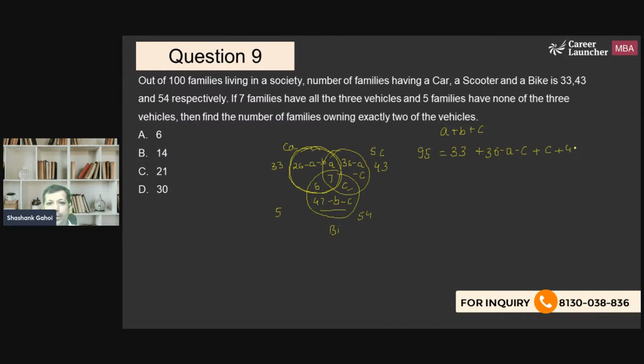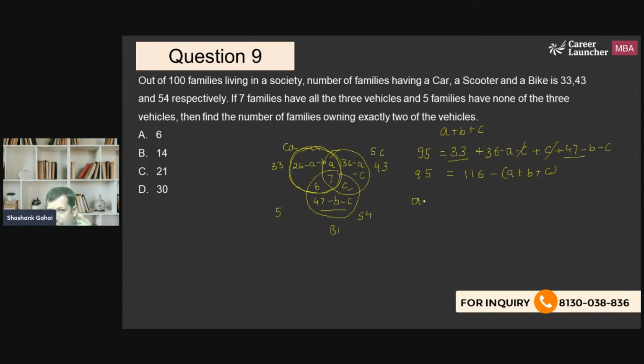Plus 47 minus B minus C. C cancels with C. So this plus this comes out to be how much? 80 plus, so 95, 116 minus A plus B plus C.